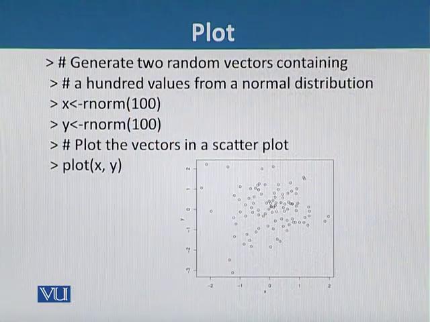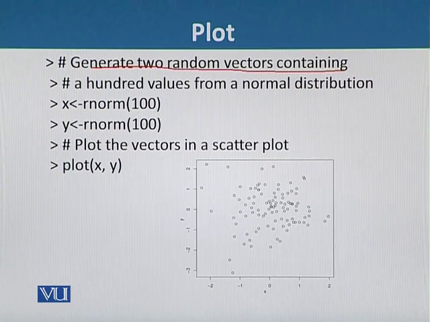So here we can generate a scatter plot, and we can write the command like this: generate two random vectors containing 100 values from a normal distribution. So it means that the 100 values we have given to generate a plot are drawn from a normal distribution.